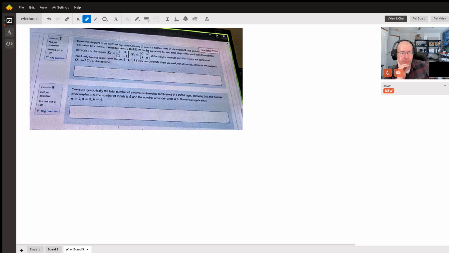So I think we can ignore the input and just look at the number of hidden units. I'll share this page with you in just a second here.